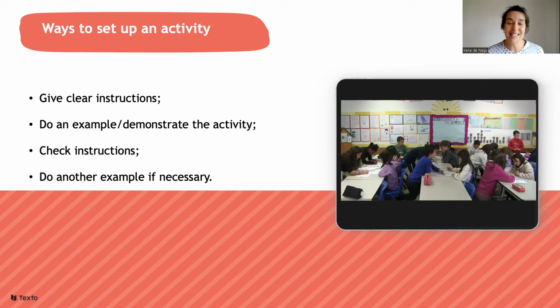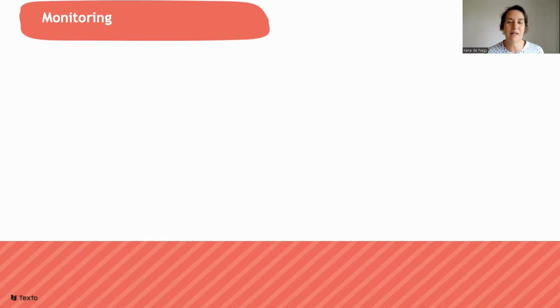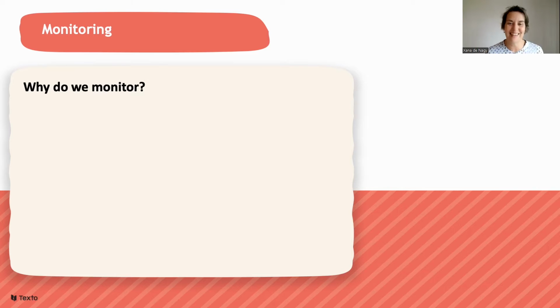Right, so the activity is done, in terms of setting up. The children know what they have to do. And then we need to think a little bit about what we are doing while they are doing the activity. Now, because it's speaking, I think it's essential to monitor at every stage of the lesson, but with speaking even more so.